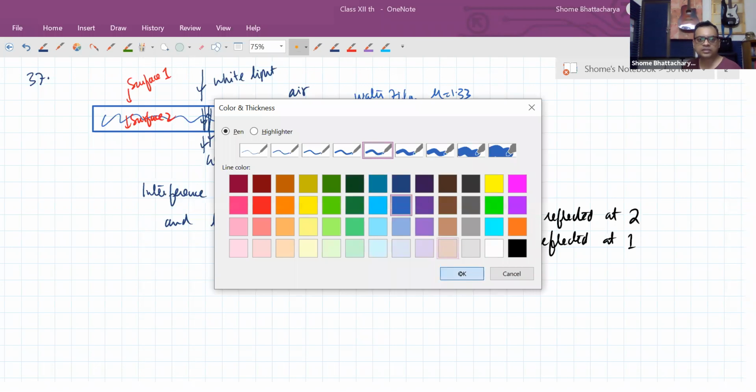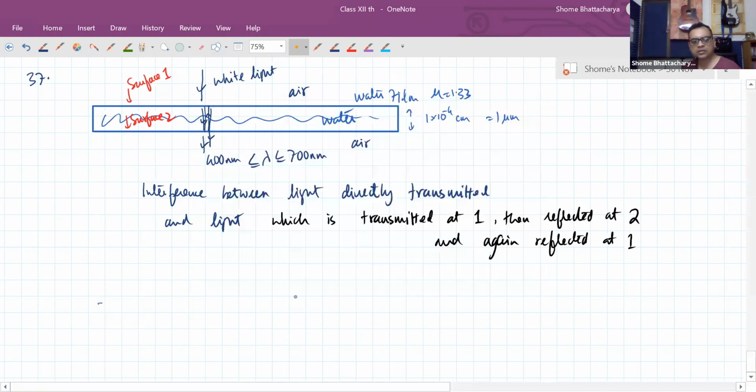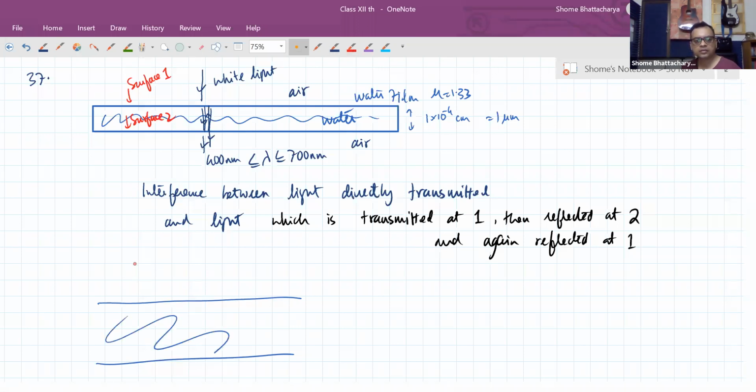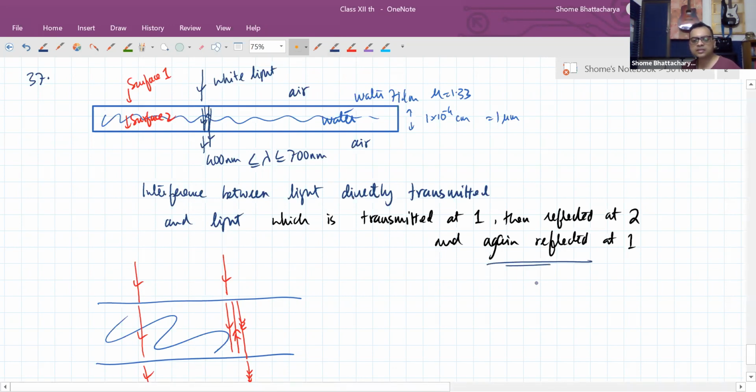One, we are considering light which is going through directly, and the other we are considering light which is going through, then reflected, then again reflected, and then going through. So for the second one, you can see that this has an extra optical path length of 2 mu d.